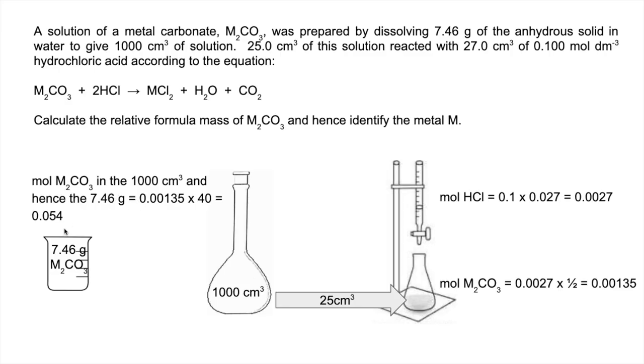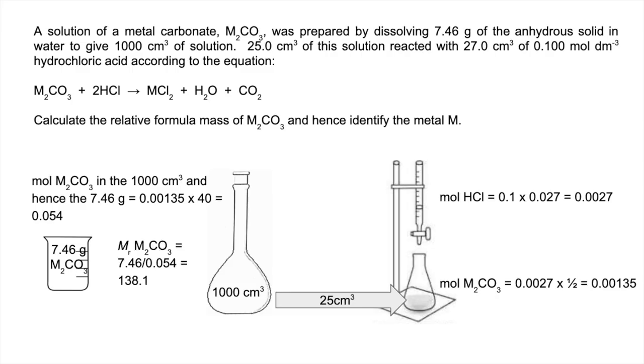Just remember those 7.46 grams of the carbonate were dissolved in water and then literally poured in there, so the moles in these two containers are the same. Now we've got the moles in the 7.46, we can work out the Mr. That's 7.46 over the moles, 138.1. So now we've got the Mr.